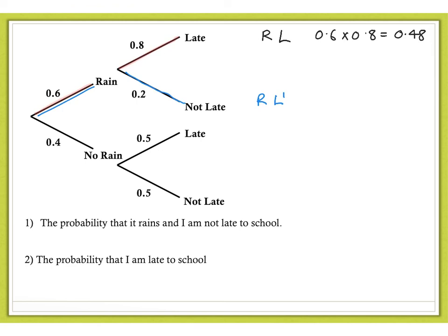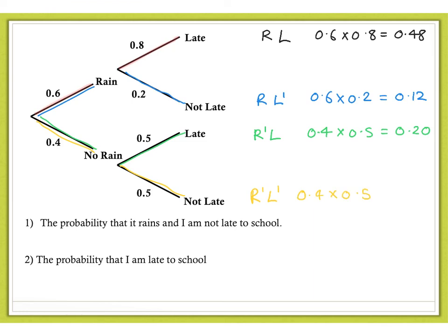So that gives us 0.6 multiplied by 0.2, which is 0.12. No rain, but being late, 0.4 multiplied by 0.5, which gives us 0.20. And then no rain and not late, which is 0.4 multiplied by 0.5, which again is still 0.2. And you can see that these numbers here all add up together to make 1.